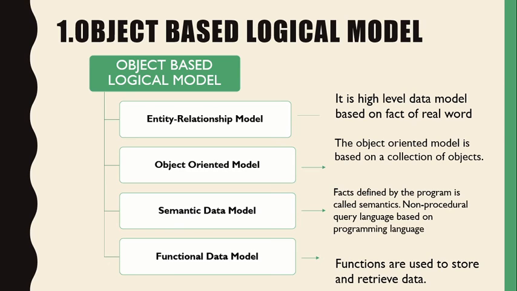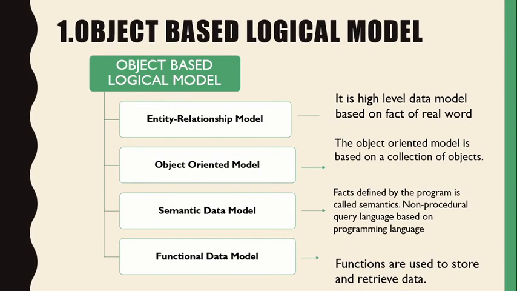The entity relationship model is a high-level data model based on the facts of the real world. The facts of the real world means, if we have to develop a database management system for a college, what types of data are given in a college. What types of data are there for the students admitted in a college?